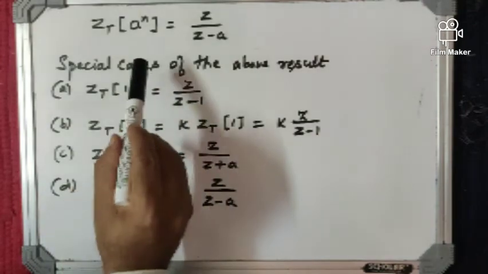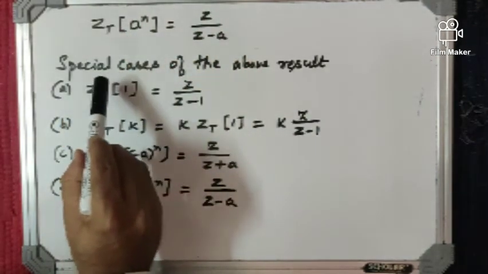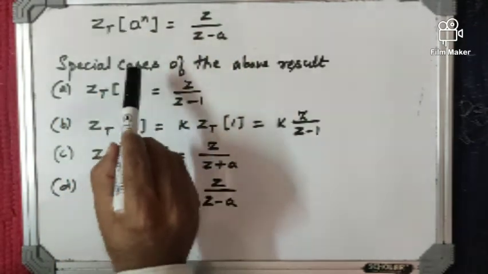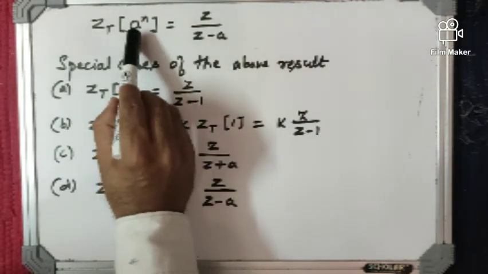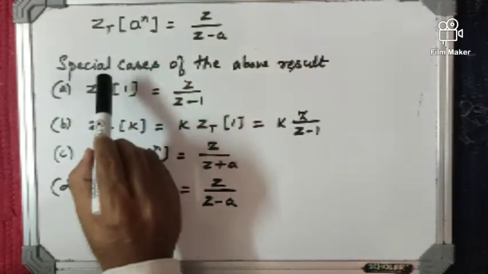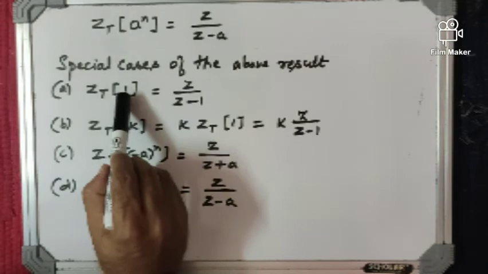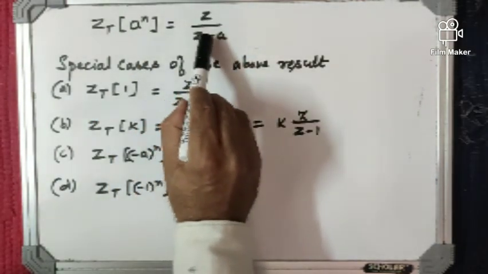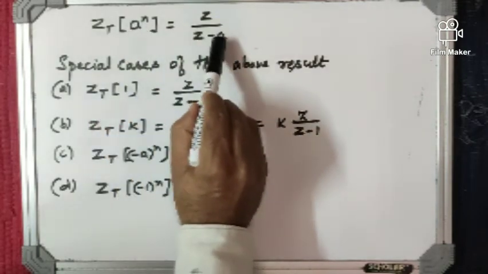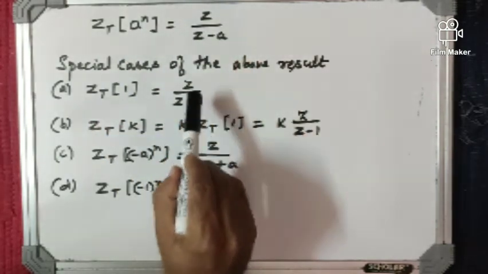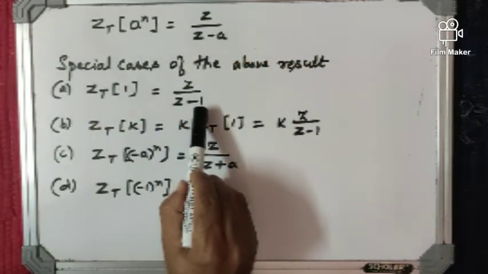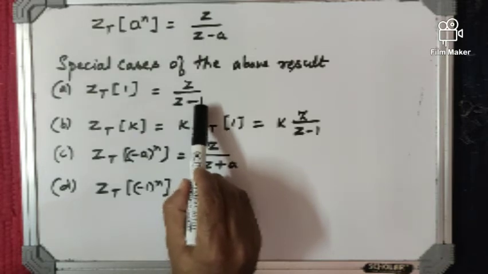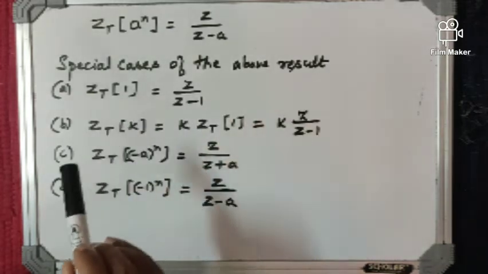Now let us discuss some special cases of this result. First one: put a equal to 1. If you substitute a equal to 1 in the left hand side, it becomes Z transform of 1, because 1 power n is 1. In the right hand side, z by z minus, in place of a substitute 1. So therefore z by z minus 1. So remember this, Z transform of 1 is z by z minus 1.